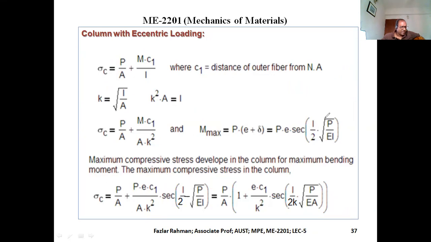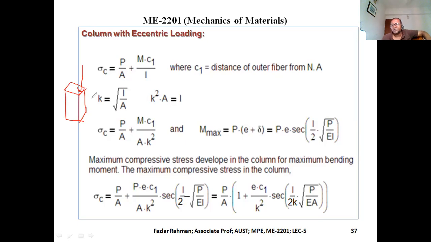There is one more column, a very short column, and you apply load at a certain eccentricity.